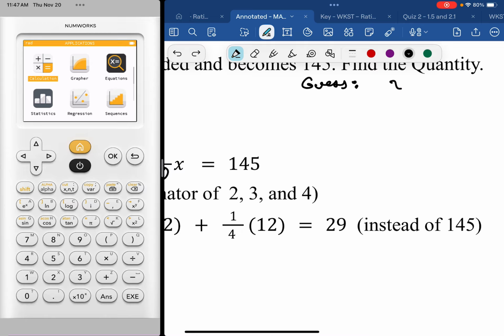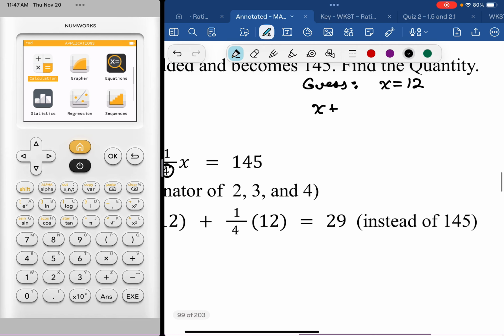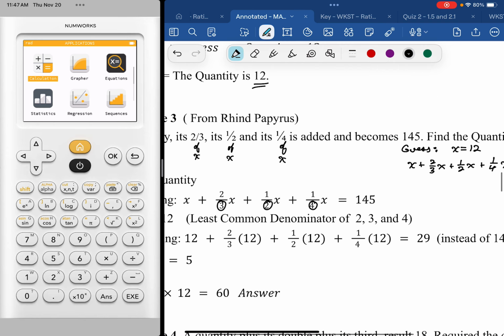Let me just write the function though. So I'm going to say x equals 12. The function was x plus, I think it was 2/3 x, 1/2 x, and 1/4 x, I think. I'm going to try to do it from memory here. Moment of truth.